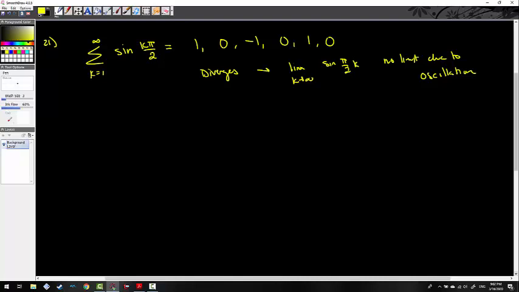So regardless of any kind of alternator, this thing is going to diverge by the divergence test.